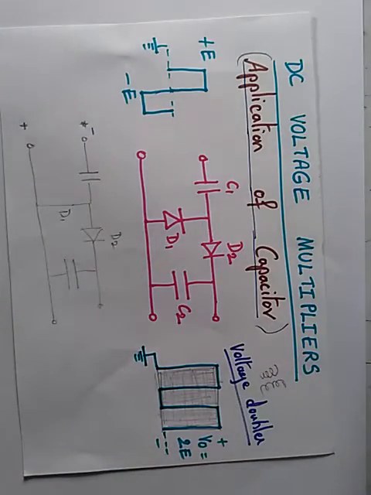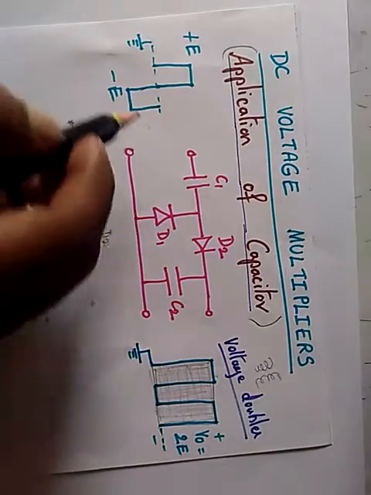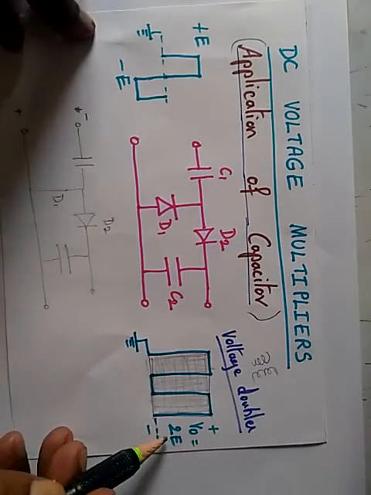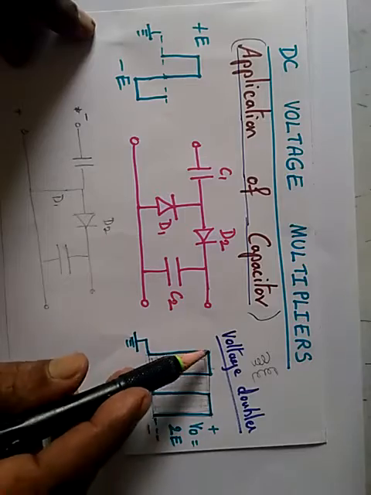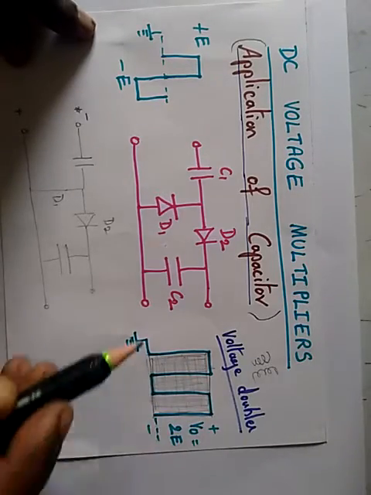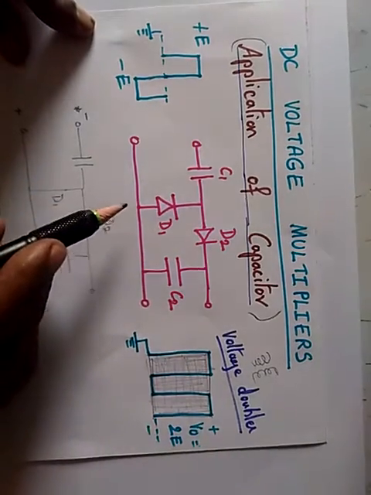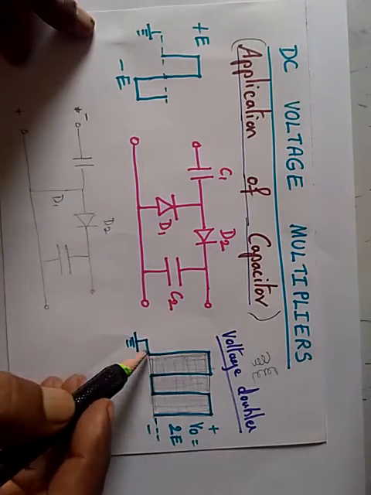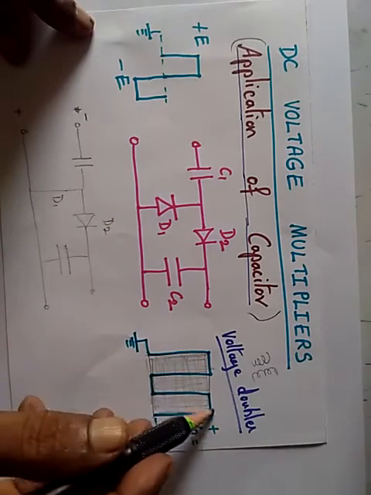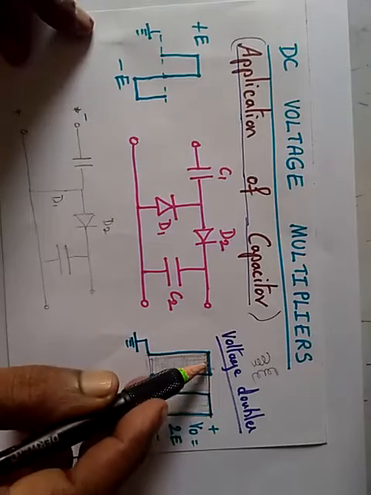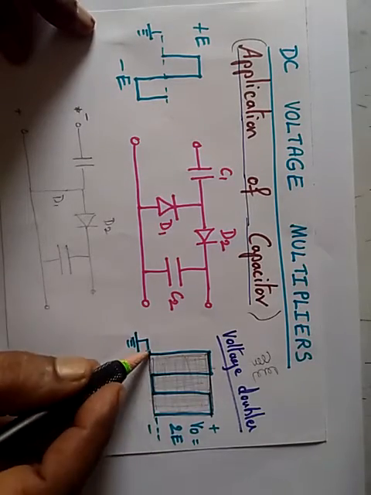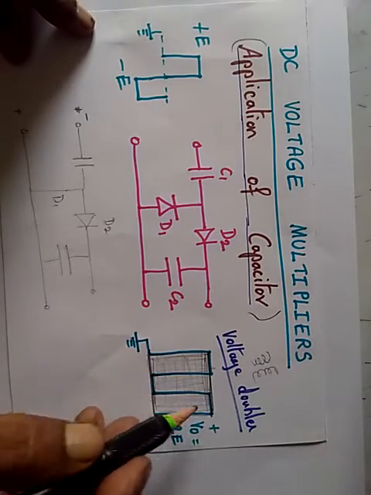If you give a square waveform like this, then you will get an output waveform like this. But you all know that the capacitor will oppose any voltage variation, so you won't see a square wave, but almost perfect DC. Perfect DC means a straight line basically.